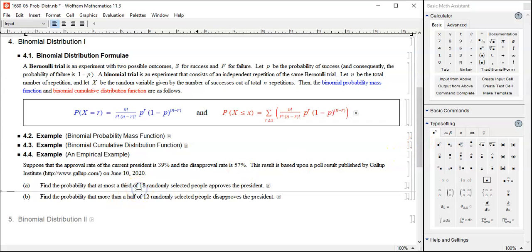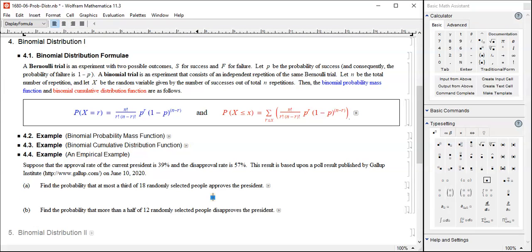Alright, based upon this actual, real life data, let's do some math problems here. What is the probability that at most a third of 18 randomly selected people approve of the president? Okay, 1/3 of 18, so we are talking about 6 out of 18, right?